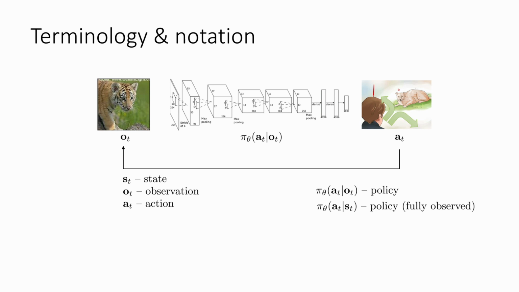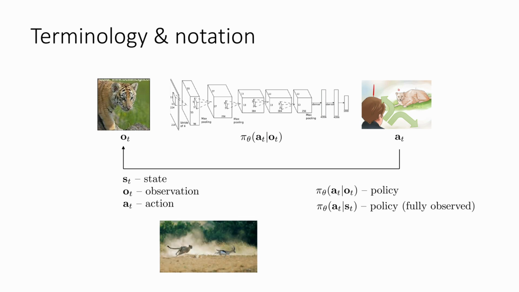So here's the difference. An observation is something that you see. So if you're out in the savannah, there's sort of a kind of an animal theme to all these slides, and you see this picture, it's not like you're directly told, oh, there's a cheetah and a gazelle. Now, what you really see is you see image pixels. So those image pixels are your observation.